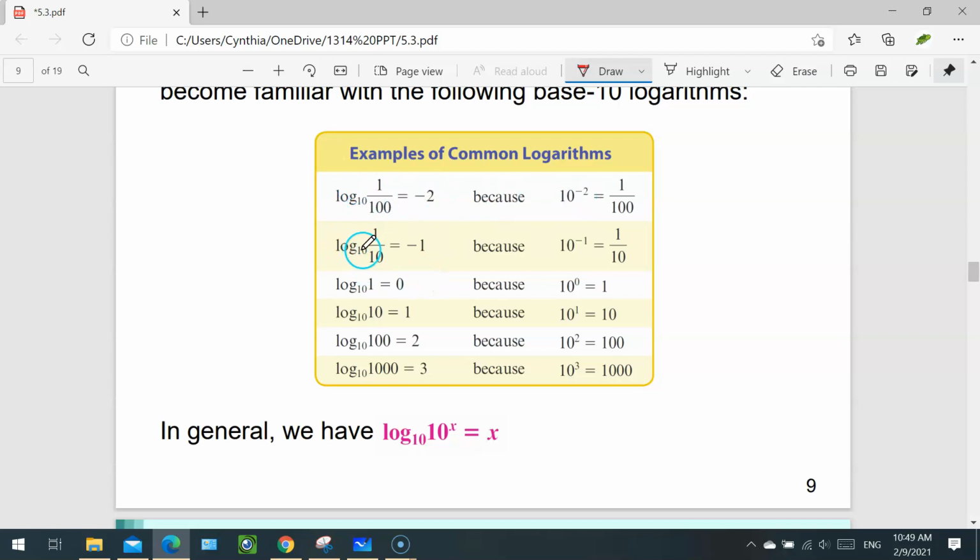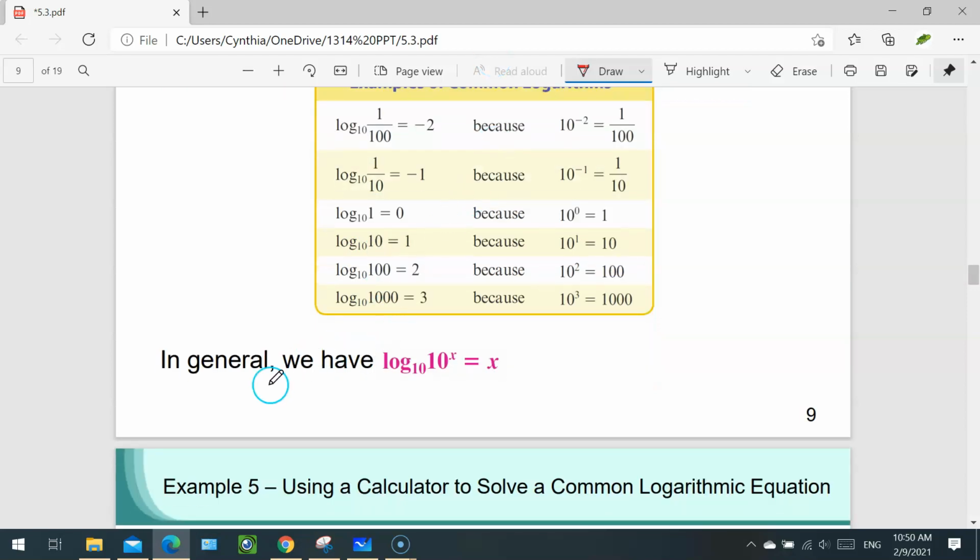Log base 10 of 1 over 10 equals negative 1, because 10 to the power negative 1 is equal to 1 over 10. In general form, if you don't see the base number there, you can just fill in the 10. So you have log base 10 of 10 to the power x equal x, because this 10 cancels out with the base 10.